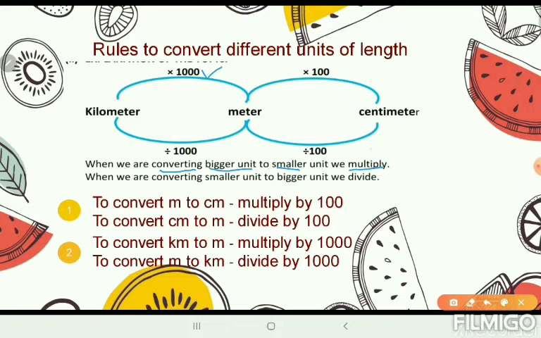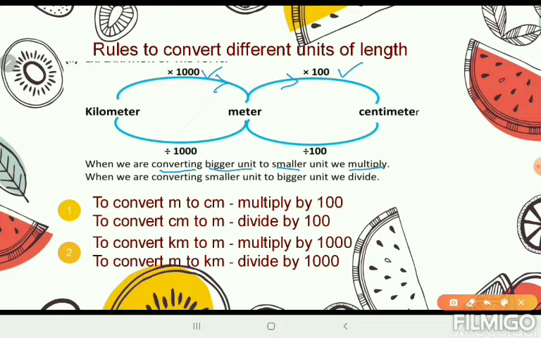Similarly, the relation between meter and centimeter is 100, so when we are converting a bigger unit to a smaller unit, we multiply by 100. Whenever the conversion is from big to small, we multiply by the relation which is here.